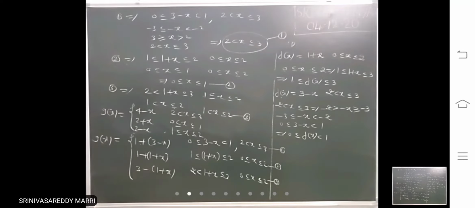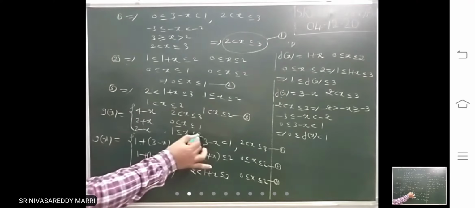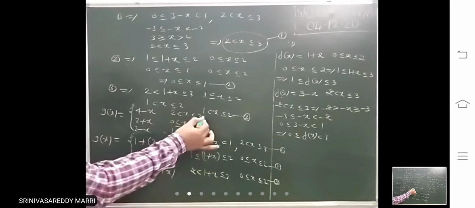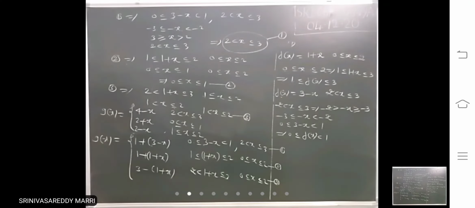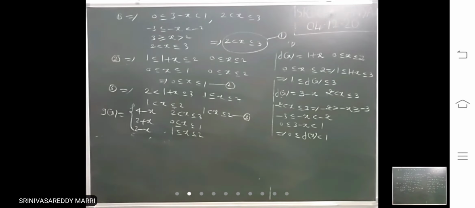Where the rules are changing: 0 to 1, one rule is there. At 1 the rule changes, and 1 to 2 another rule is there. 2 to 3 another rule is there. You can check the continuity and differentiability where you need to, at x equal to 1 first. The rule changes at x equal to 1.